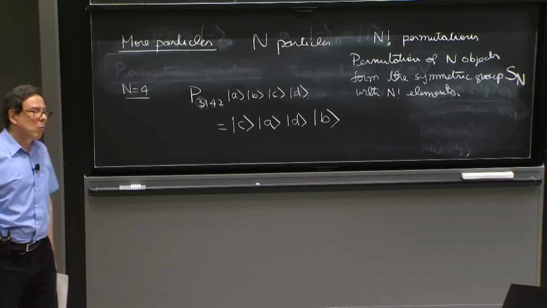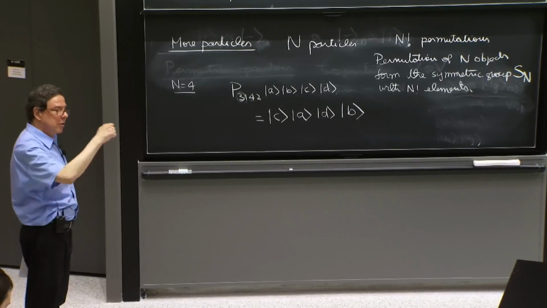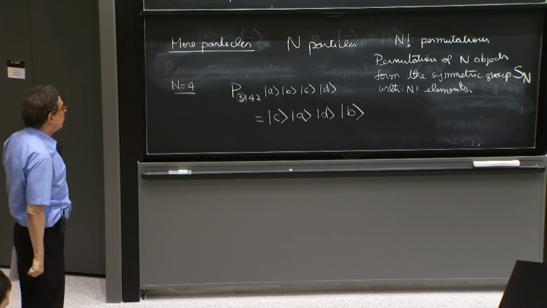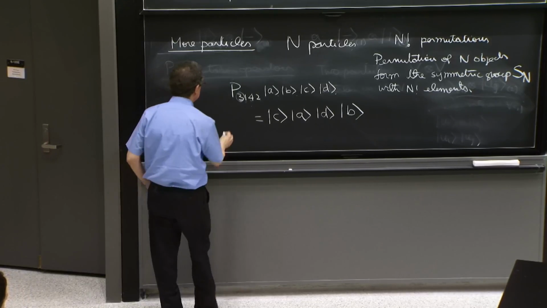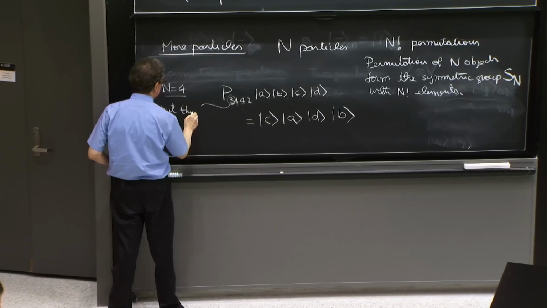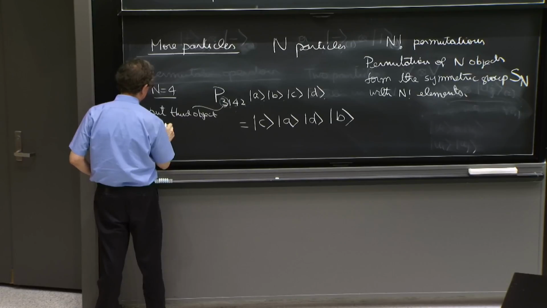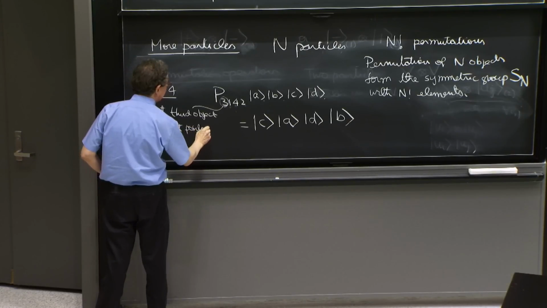So this is the way we are going to define permutations. People define them in different ways, and you have to be sure you know what it means. But I'll write this. This means put third object in first position.